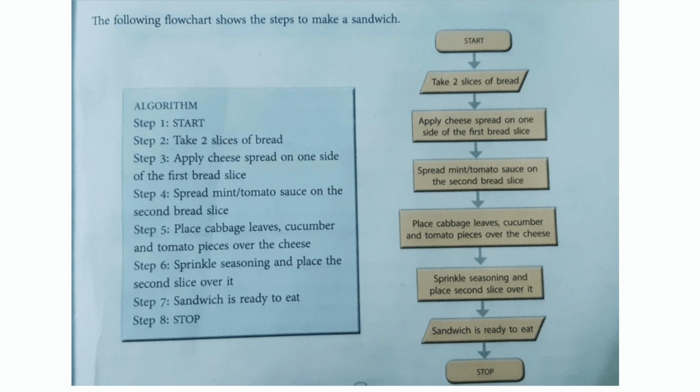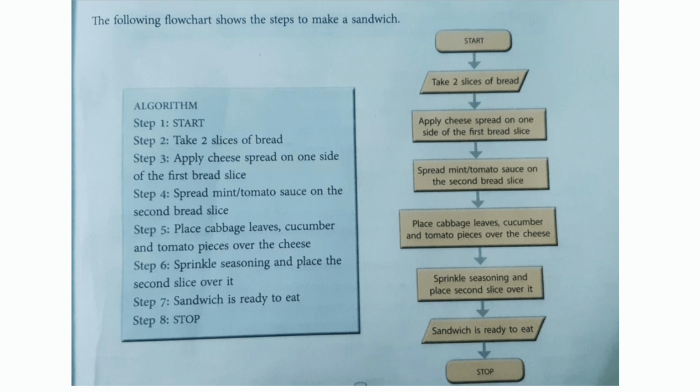The arrow marks denote the process, showing how they developed an algorithm using flowcharts. What does this shape denote? It's a parallelogram. We have given the input of taking two slices of bread, and then in rectangular boxes we have given the process.